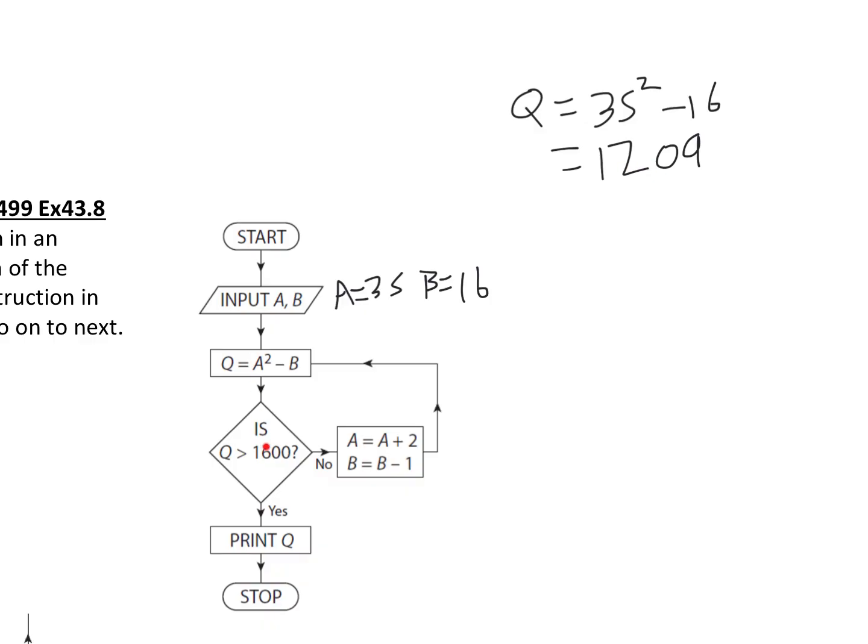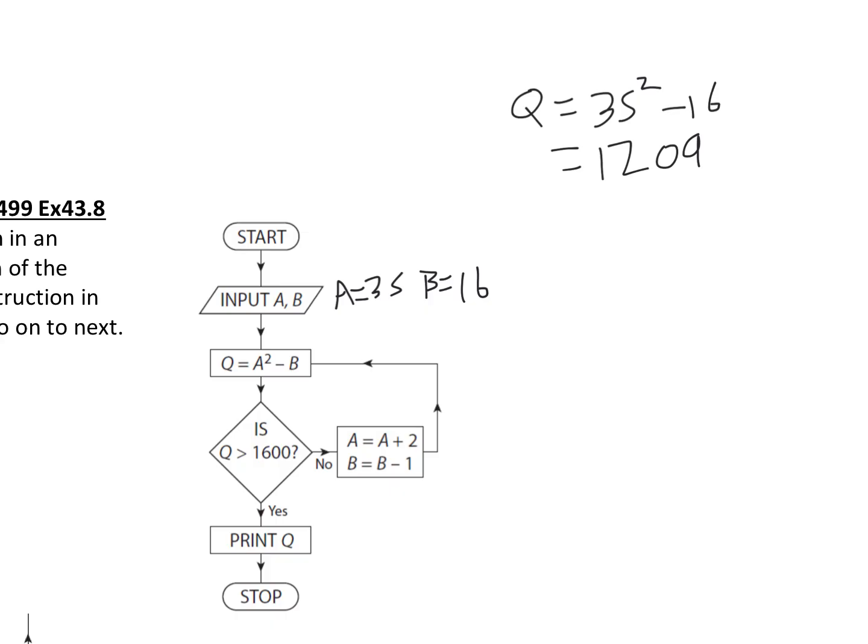So what we do is we follow the no. Now this, in mathematics, looks terrible, but in computers it makes perfect sense. This is not saying that A is equal to A plus 2. This is saying that you're going to update A. The new A is going to be the old A plus 2 more, or add 2 onto the old A and then work with that number.